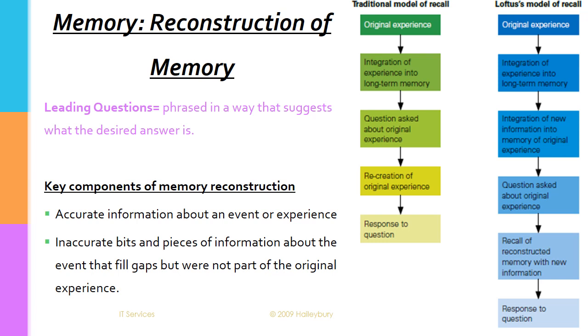And so inaccurate bits and pieces of information about an event, like a leading question, something different that someone else has said about the event, is integrated into the existing long-term memory, and it's consolidated as part of the original experience. Now, when that memory is reconstructed or retrieved, then the person doesn't know what is real and what's false, and the memory becomes distorted.